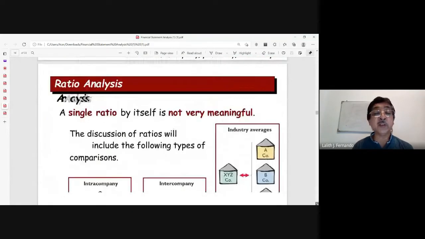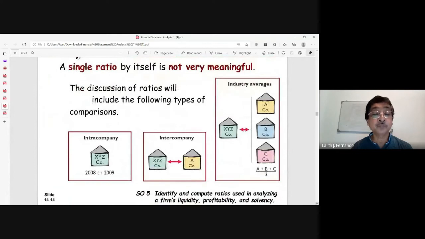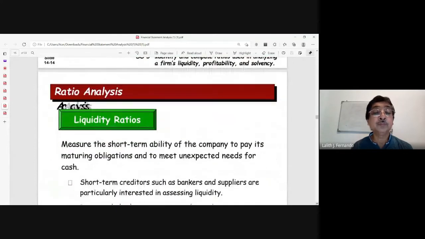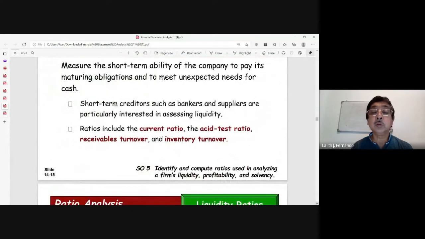Now under the liquidity ratios we need to calculate current ratio, acid test ratio, receivables turnover and inventory turnover. So I think you will be able to do this by looking at the question. So shall we try to do that? So first of all you calculate the current ratio, acid test ratio, receivables turnover and the inventory turnover.